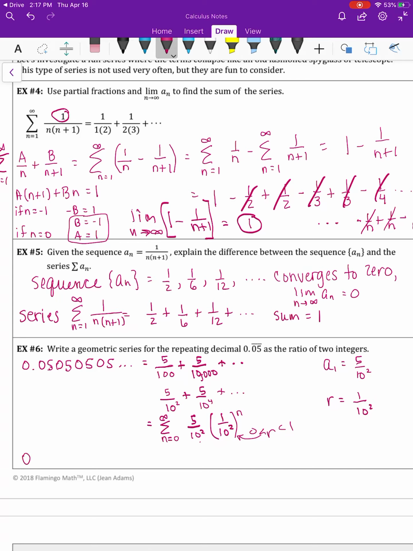So once I see that, and I can see that my r is between 0 and 1, so it therefore converges, and I can say that the sum is going to be equivalent to a over 1 minus r, with our first a being 5 over 10 to the 2nd, 1 minus 1 over 10 to the 2nd.